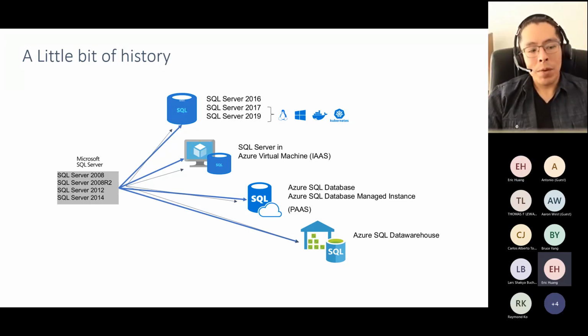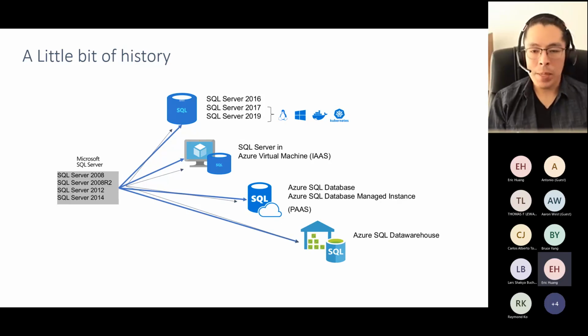And the options that we see a lot in our customers are 2016, 17, and 19. Of course, we have the possibility to work with Azure SQL, with virtual machines, with platform as a service. And a little bit ago, we had the option to work with what was called SQL Data Warehouse, right?